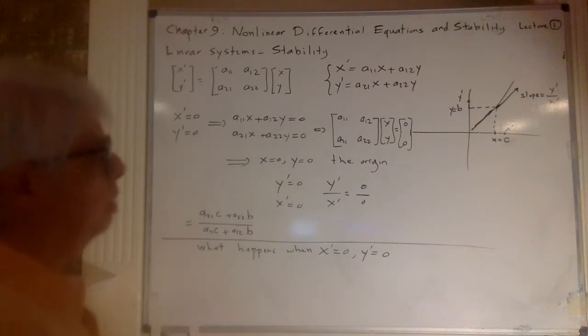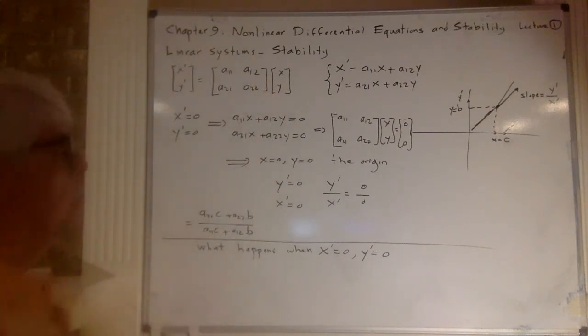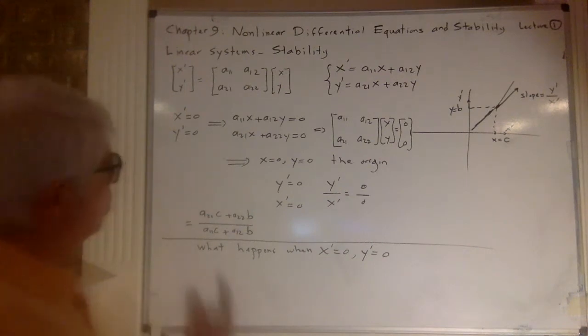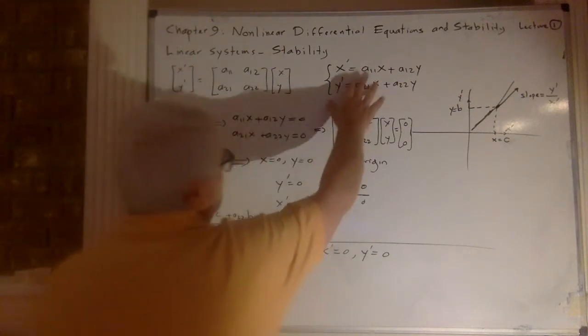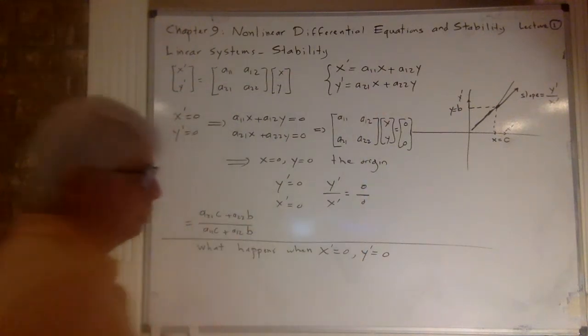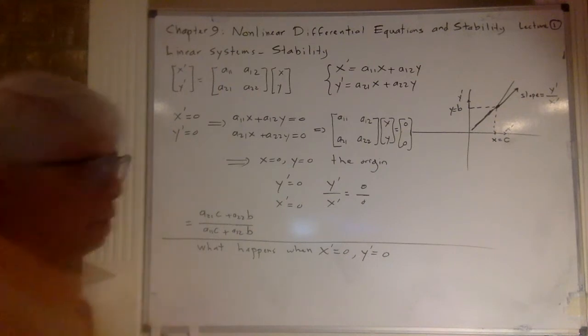So the trajectory never reaches that point. It goes round and round, maybe it gets closer and closer, and never reaches that point. So that's called a critical point. So for a linear system, the critical point is basically 0, 0. I'm just assuming that these two equations are not the same. Assuming that those two equations are not the same, then it will always be 0, 0.